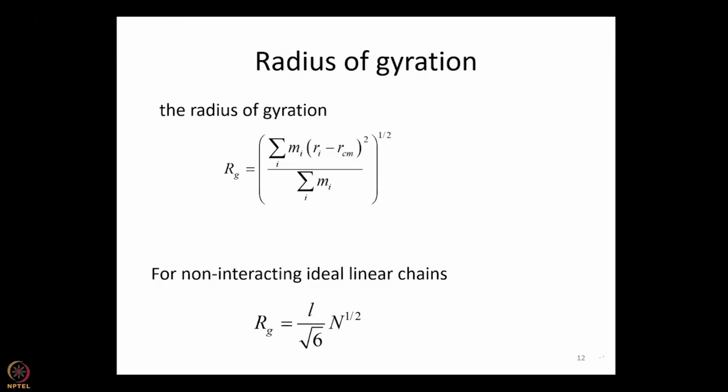Now, if L is a couple of angstrom, then n to the power half, 10 to the power 8, is 10 to the power 4. So if this is 2 angstrom, then 10,000 into 2 angstrom is essentially 20,000 angstrom. So radius of gyration is 20,000 angstrom. That is essentially roughly a huge sphere.